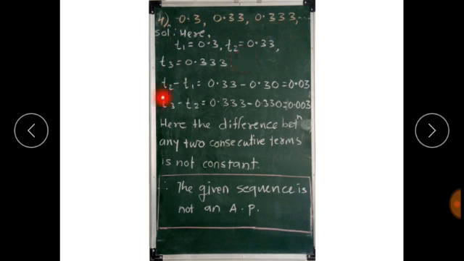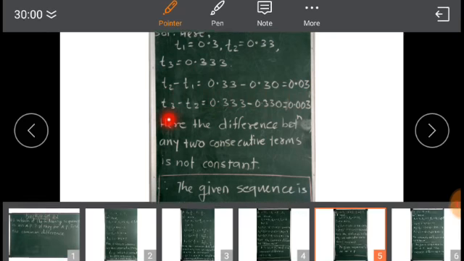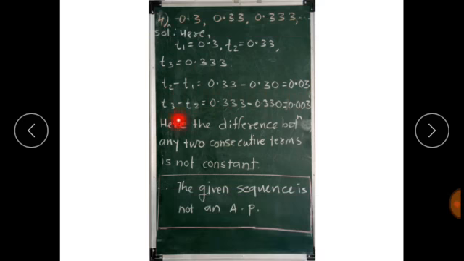First find the difference between T2 and T1. 0.33 minus 0.3, which can be written as 0.30, is equal to 0.03. The difference between the next two consecutive terms, T3 minus T2, T3 is 0.333 minus 0.33 which can be written as 0.330, is equal to 0.003. Here, the difference between any two consecutive terms is not constant, and therefore, the given sequence is not an AP.